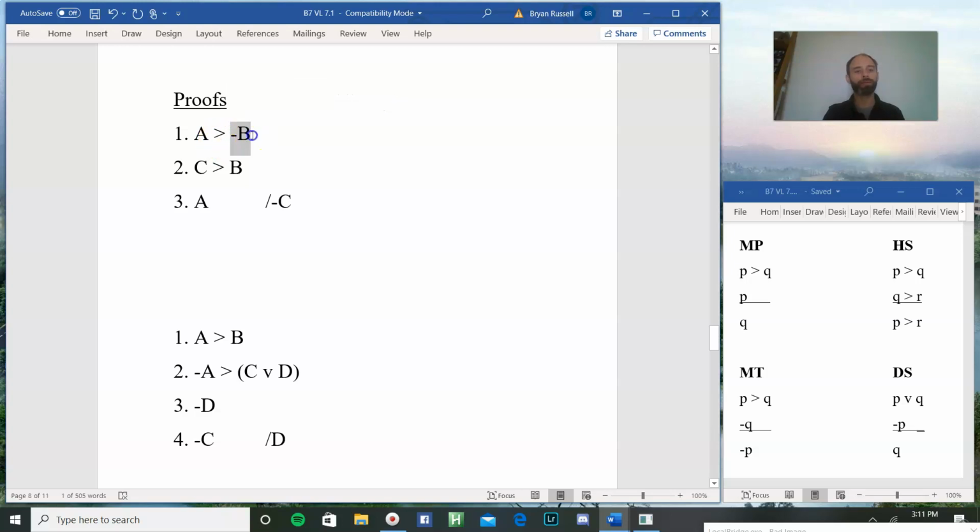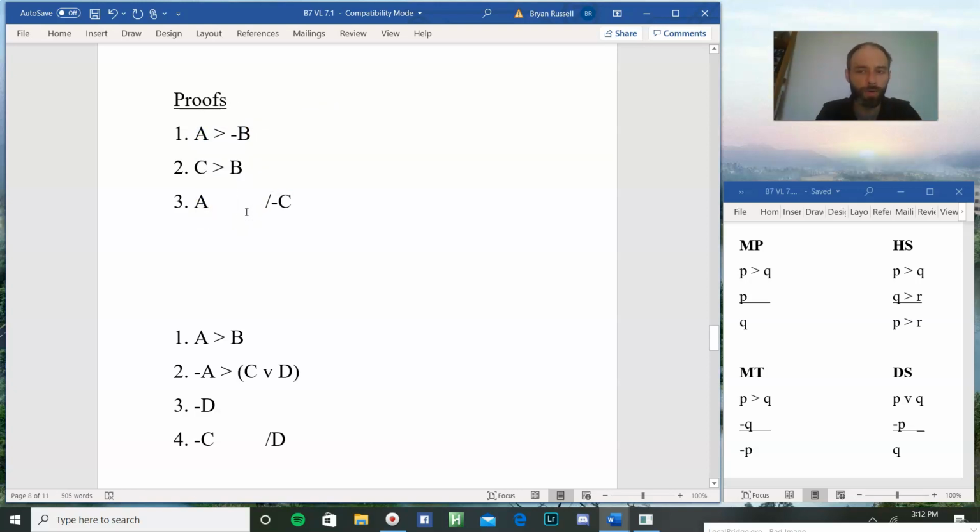Well, we can get that if we could use MP to get the consequent, because MP allows us to, if we have a horseshoe, get the consequent, as long as we have the antecedent somewhere. And we actually do. We have the antecedent to A horseshoe tilde B right here, A. So we're given that. So we can start with 1 and 3.